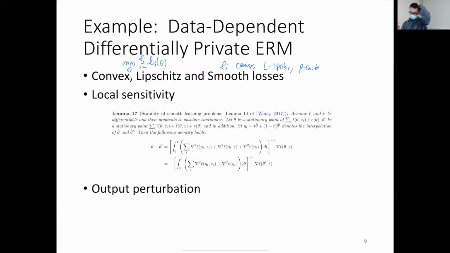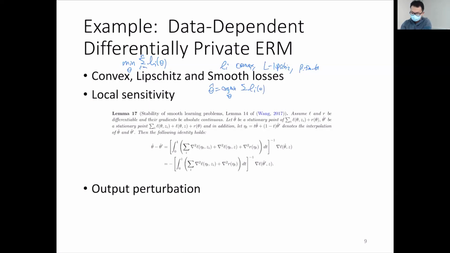We've worked out that when we are not making any additional assumptions, the output theta hat equals the argmin of this, which is not stable, right?